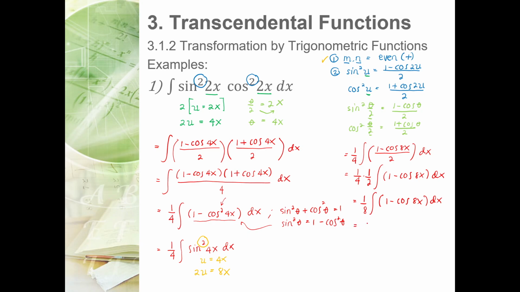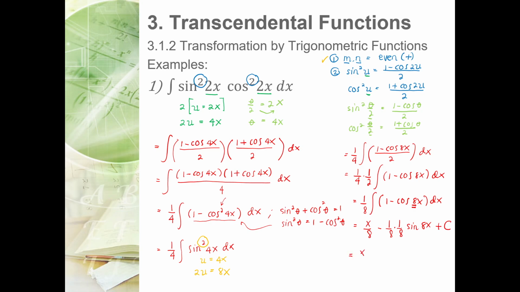So integrating, the first term is just x all over 8. Second term is 1/8. Then again, the integral of cosine is sine. Recall that if you have a coefficient of the angle, that's 1 over a. So that's 1/8, and then sine 8x plus c.